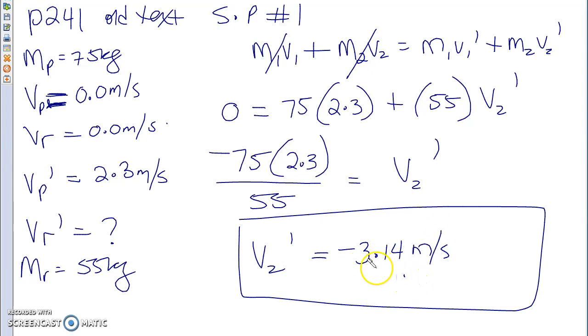So basically it's a Newton's third law question, right? An action of the person walking on the raft causes a reaction in the raft itself. So this is 3.14 meters per second backward. So far so good? Make sense?